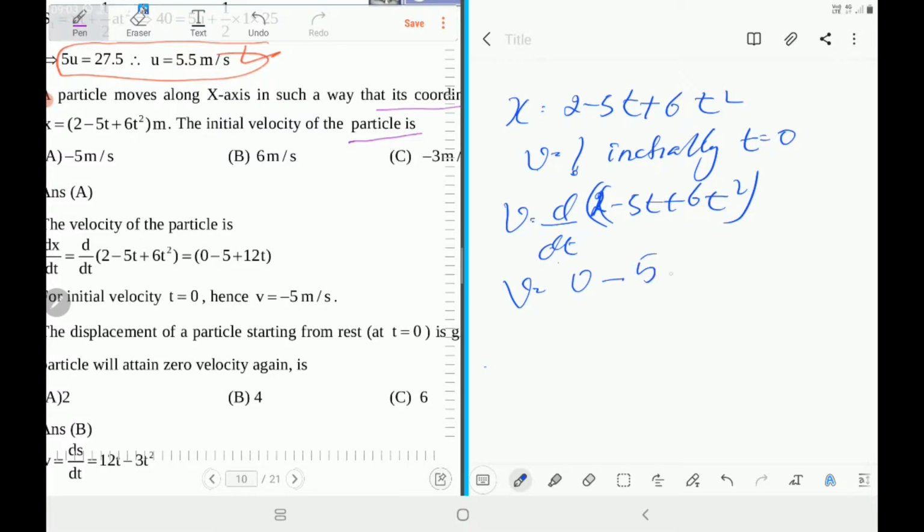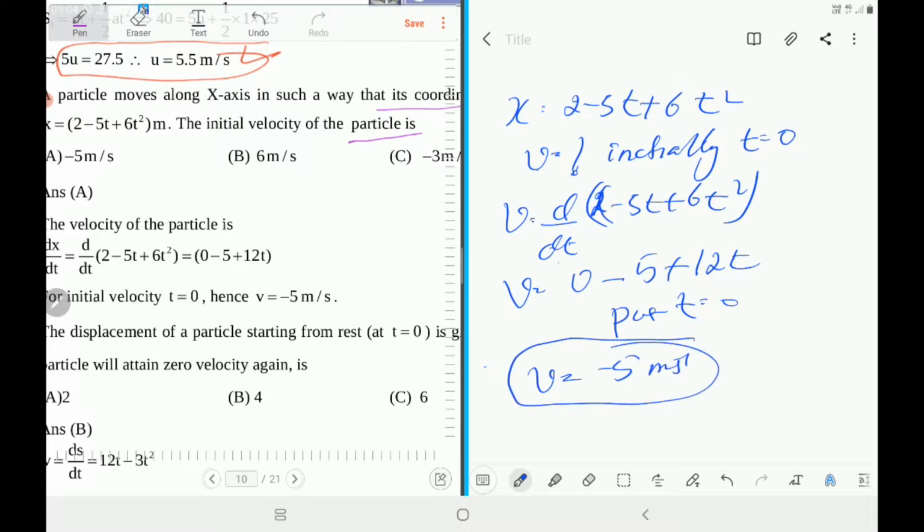That is 5 times 1, 5. Plus 6 into d t square by dt. That is 2t, 2 sixes are 12, 12t. Put t as 0 here. So the value of v is minus 5 meter per second. That's it. Very simple.